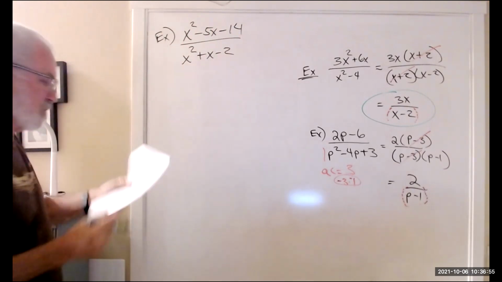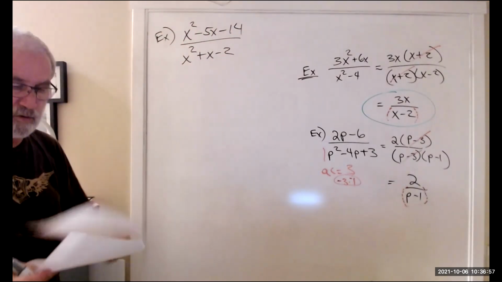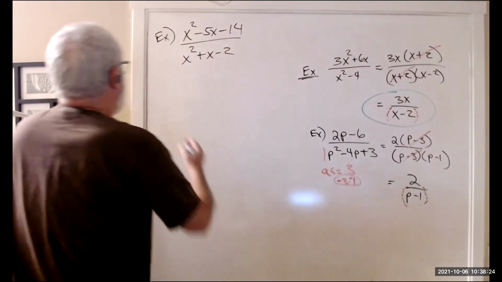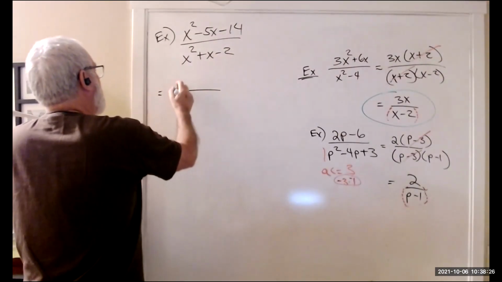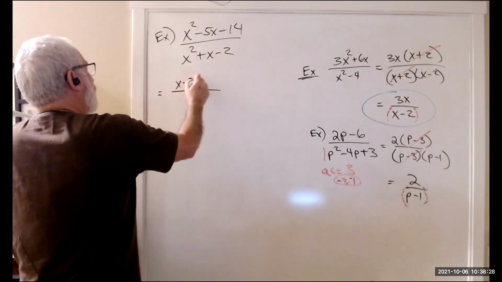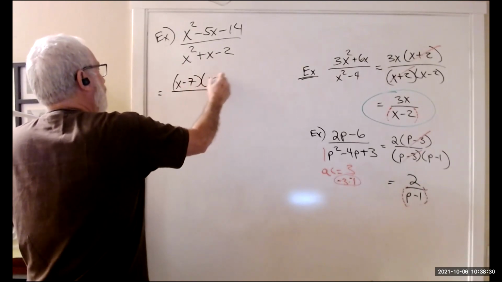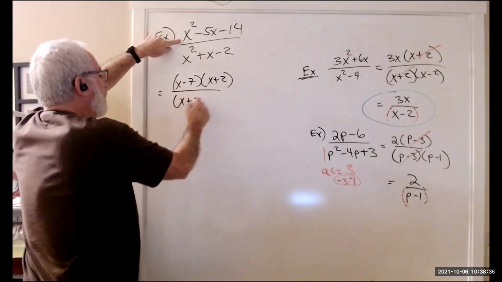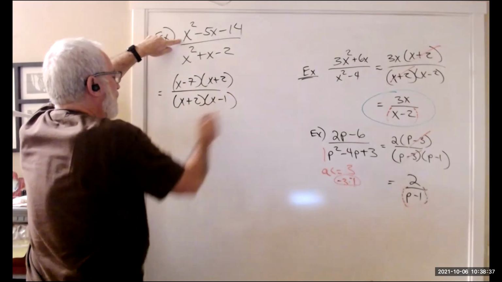Go ahead, try and reduce that one. Okay, so for this problem, it's going to be x minus 7, x plus 2 on top, on bottom, x plus 2, x minus 1.